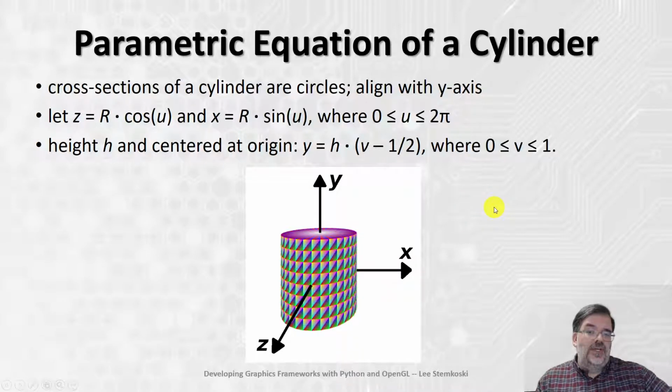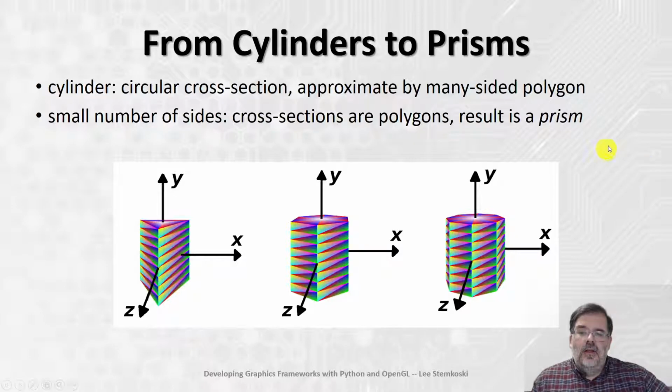Now, once we know the equation of a cylinder, it turns out we can generate the equations of lots of other cylinder-like shapes or cylindrical shapes. For example, we've been thinking of a cylinder as having circular cross-sections, but you might remember when we talked about polygons that we can never have a true circle in computer graphics.